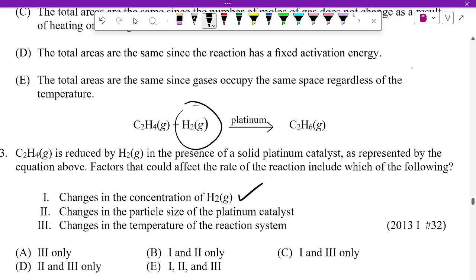Yes. Changes in the particle size of the platinum catalyst. Yes. I wouldn't ask this to you on our test because we haven't gone too much into the specifics of catalysts, but one way that catalysts act is by providing a surface on which the reaction can occur.